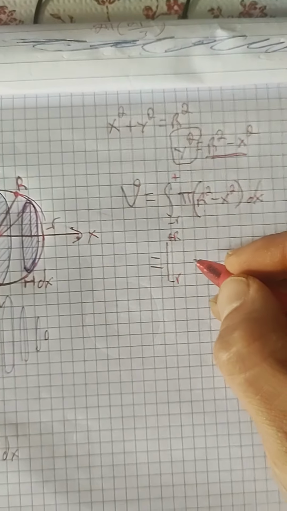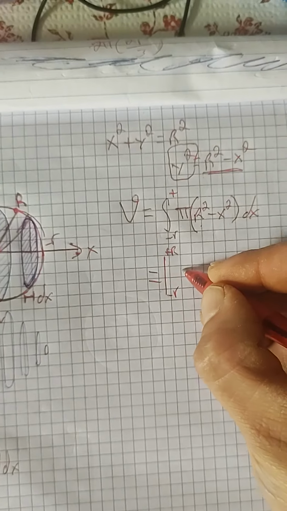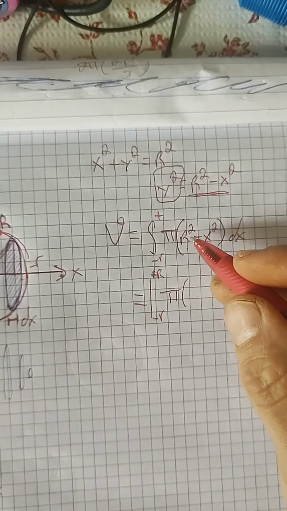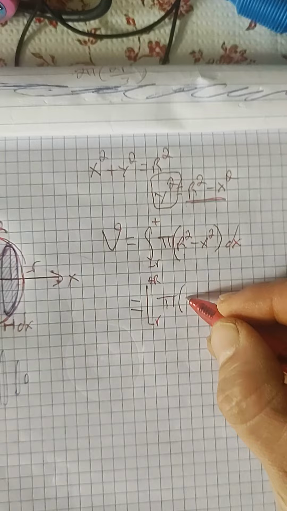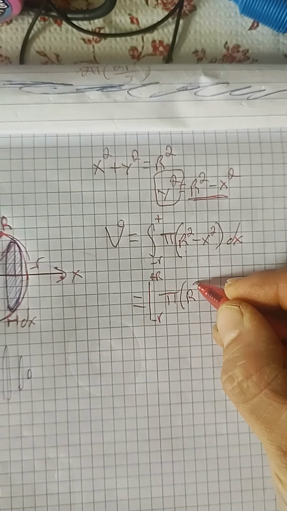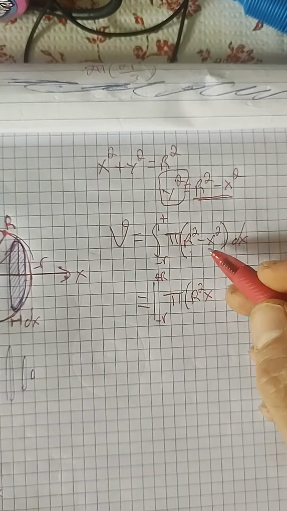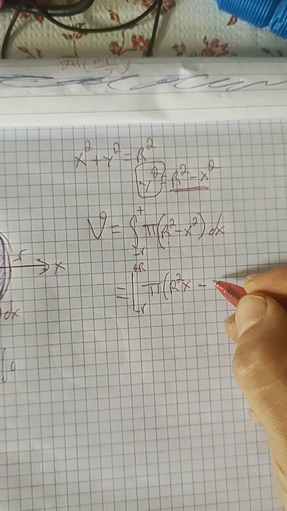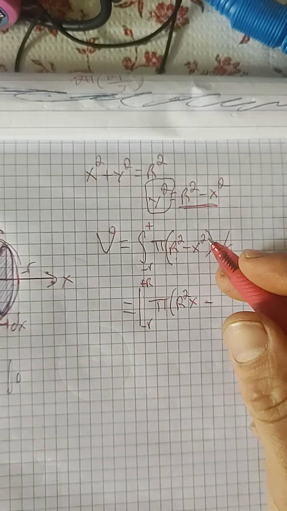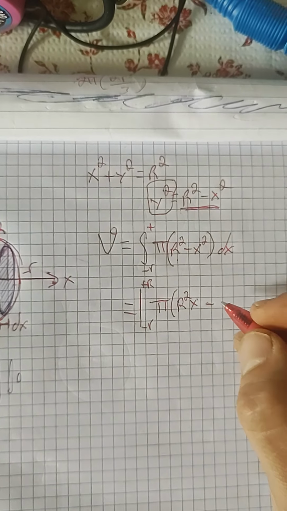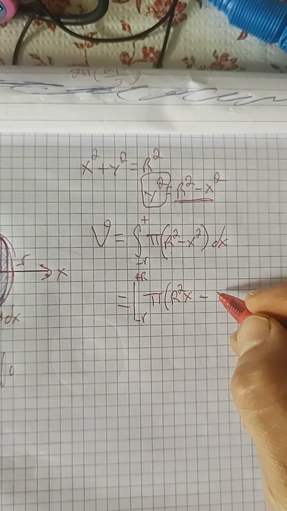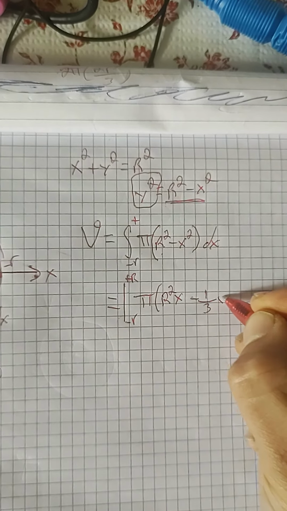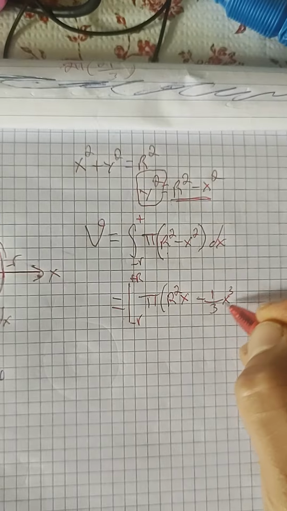The antiderivative of r squared is r squared times x. The antiderivative of x squared is one third x cubed, so x cubed over 3.